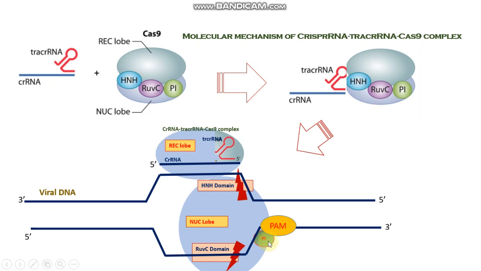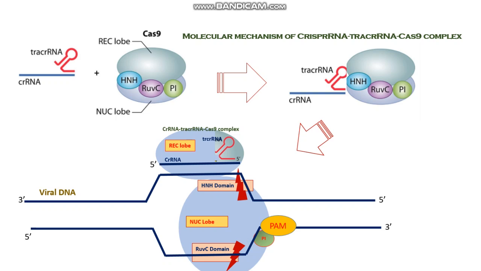But before that, the PI domain attaches and recognizes the PAM sequence. PAM is a 2 to 6 base pair long sequence that follows the DNA region targeted for cleavage by the CRISPR-Cas9 system. The PAM sequence is recognized by the PI domain, and then the RuvC domain and HNH domain cleave the two different strands of the viral DNA.